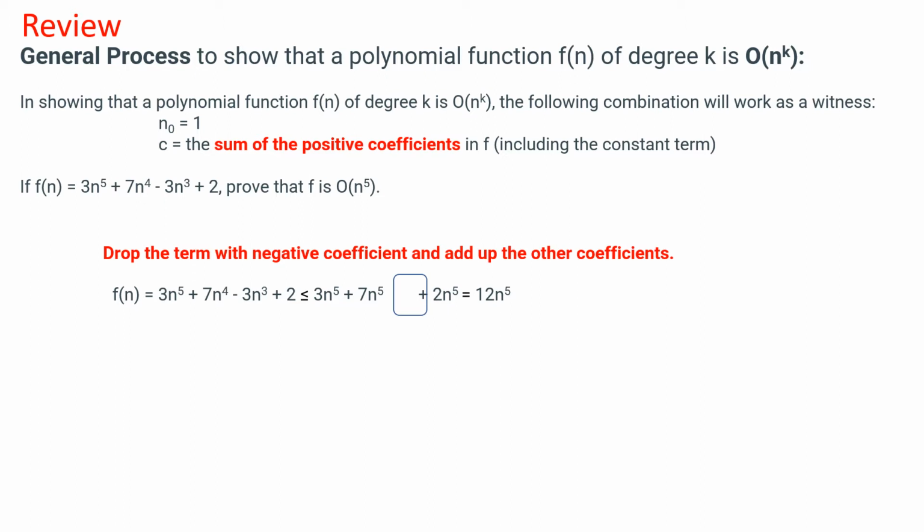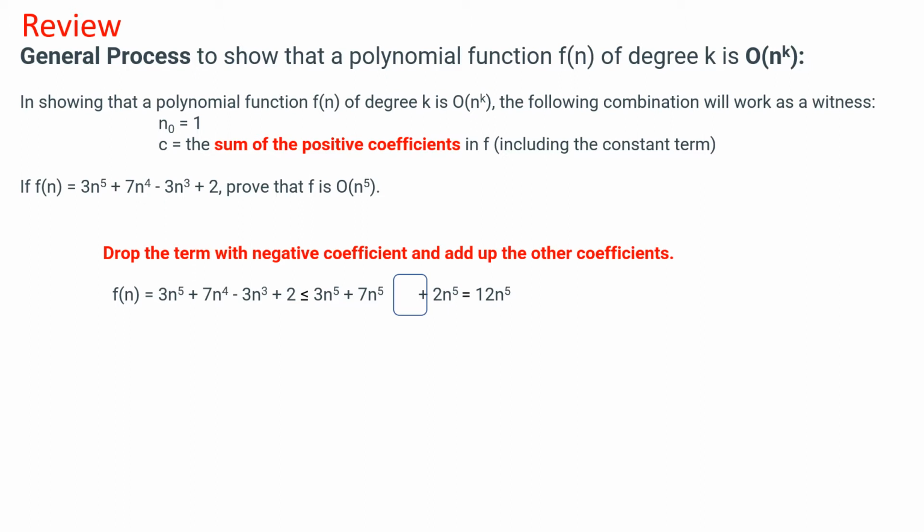Besides that, we do what we did before. Remember, we pumped up the powers of n so that all of the terms have the same power, and it's that highest power, in this case 5. Again, that's only going to be bigger, either equal to if n is 1, but once we get past 1 and get higher, then it's going to be greater than.